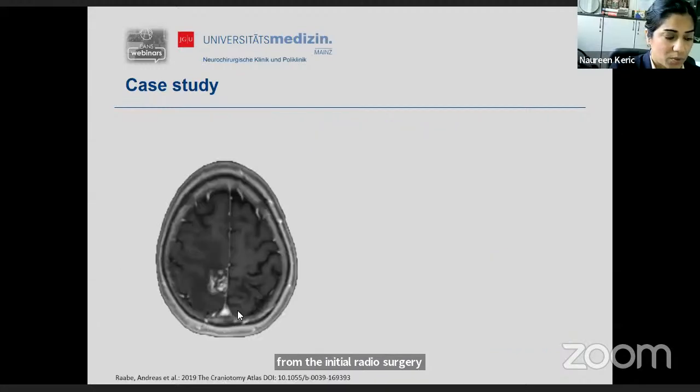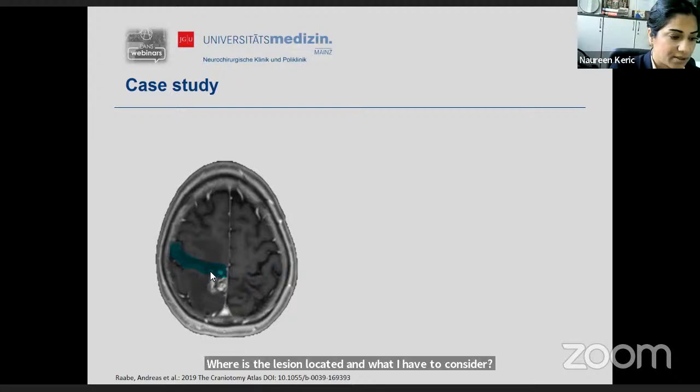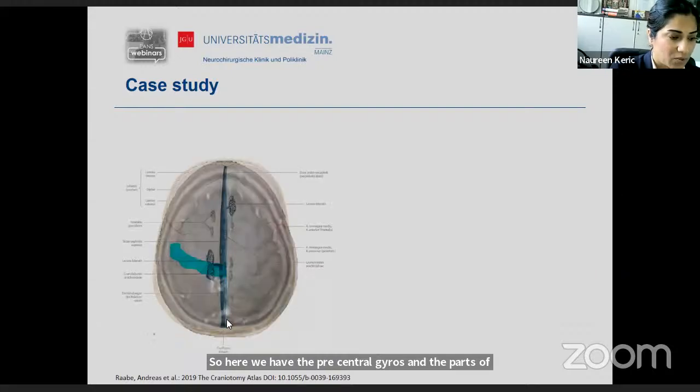So what we have to consider are also some facts we heard in the first presentation. What about the surrounding tissue, where is the lesion located, and what do I have to consider. Here we have the precentral gyrus, and parts of the tumor are growing into it or pressing on it. Then we have to consider the approach.